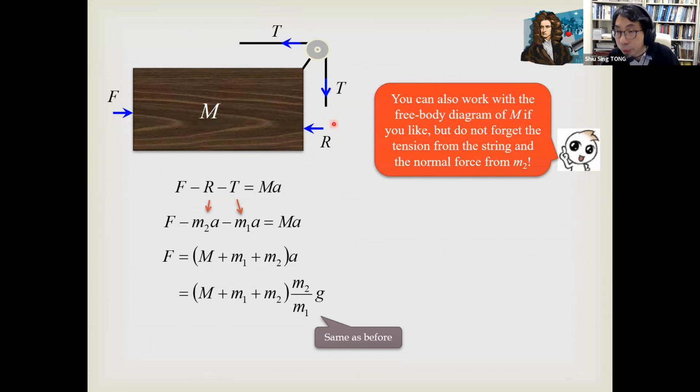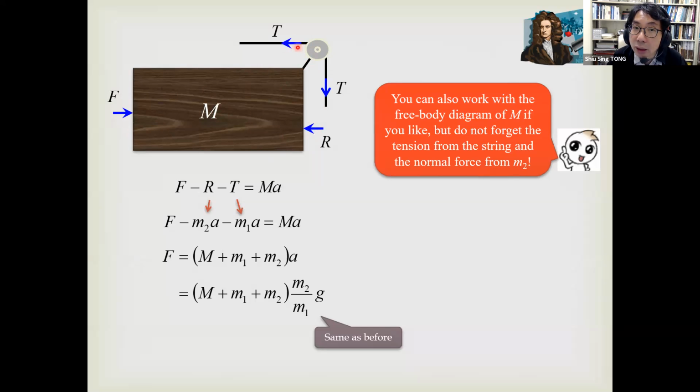The trolley is pushing M2 forward. So M2, the hanging mass, also has a reaction force that is opposing the forward motion of the trolley. And we have to include that also. So these are the forces acting on the trolley. So you have 4 forces acting on the trolley, right?